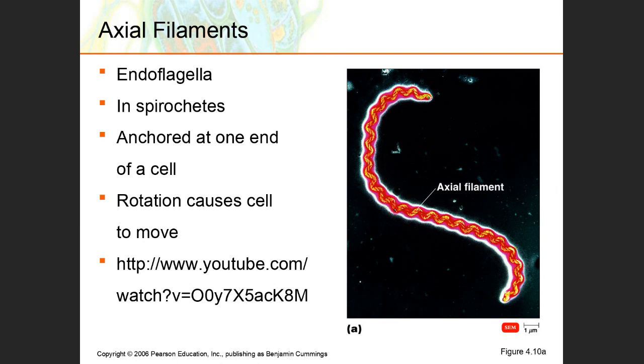And so the axial filaments, those endoflagella, move in between the cell body and the sheath. And because they're anchored to one end of the cell, as they're freely moving on the other end, it causes the entire cell to twist like a corkscrew. And so these are pretty cool to watch because they do tend to spiral like a corkscrew.